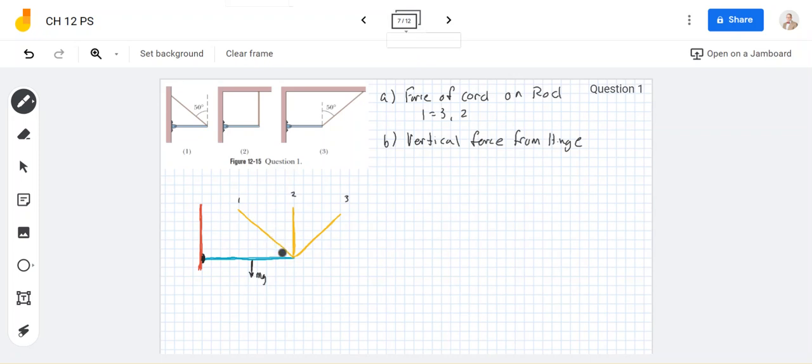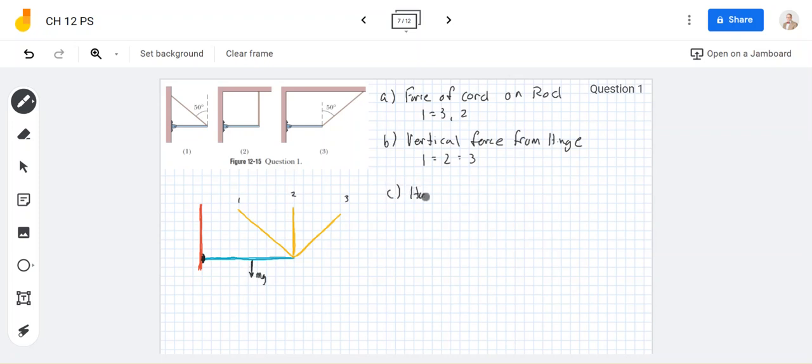So when I think about the vertical force, since all strings are applying the same amount of vertical force themselves and the earth is pulling down here, I would actually say that the amount of vertical force from the hinge is 1 is equal to 2 is equal to 3. Because it only has to balance out with the same amount of vertical force from the cord and from the mg.